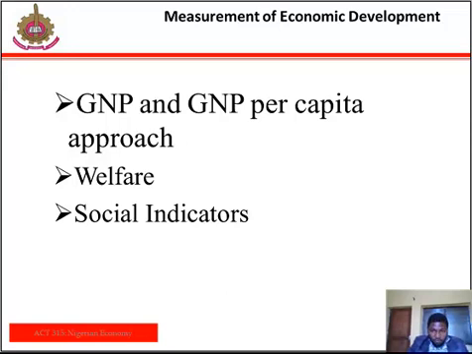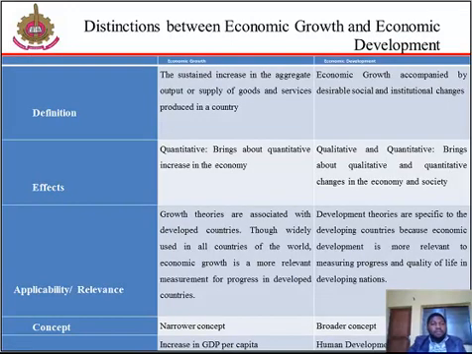Thus, there's no compromise on what the basic needs are and what should be used to measure social indicators. Thus, the economists and the UN prefer using GNP and GNP per capita as their approach to measure economic development.